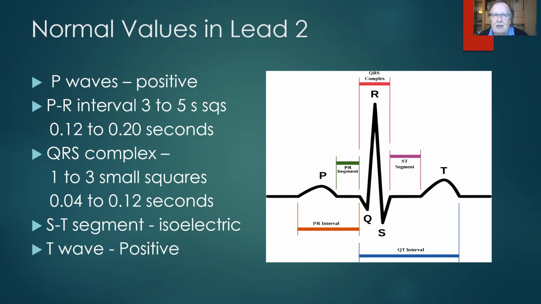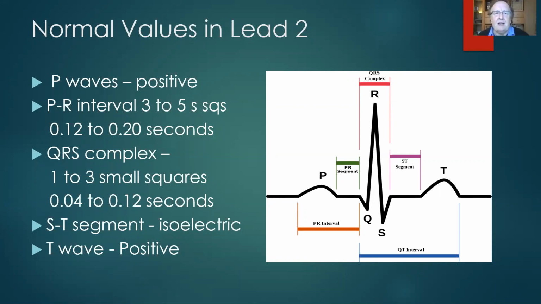Our ST segment is isoelectric and the T wave is positive. So now we can be in a more relaxed state, unless obviously our patient is not breathing and has no pulse because they're in PEA. So that's not a good thing, is it? But let's say our patient is conscious, breathing and talking to us and we see this. This will help us relax a little bit.